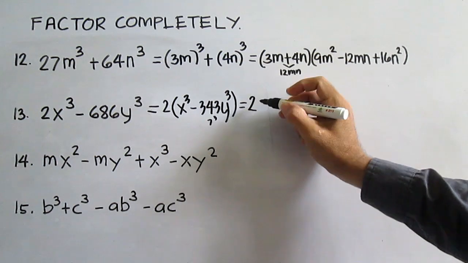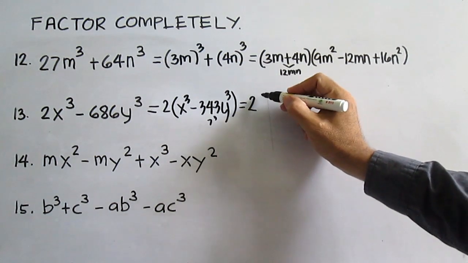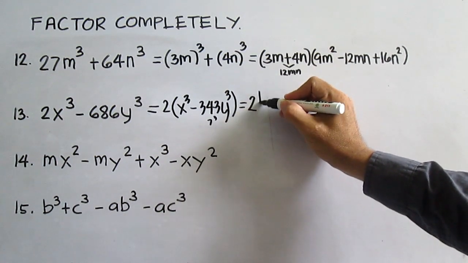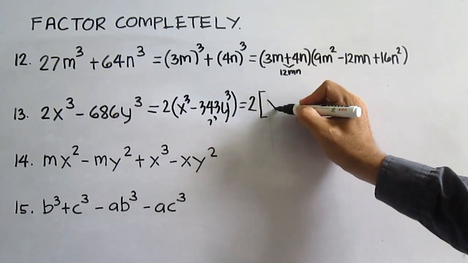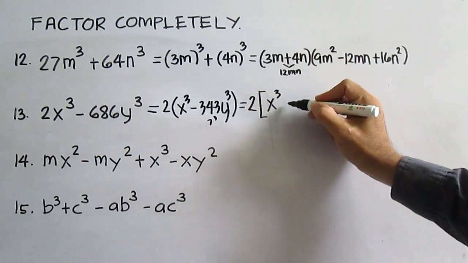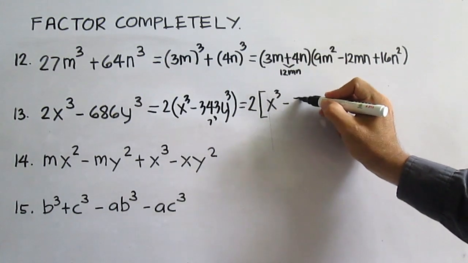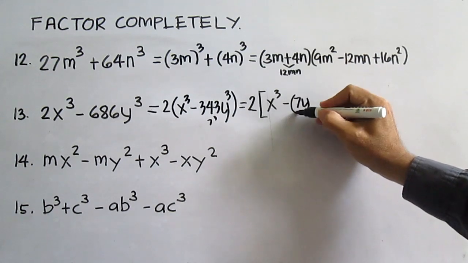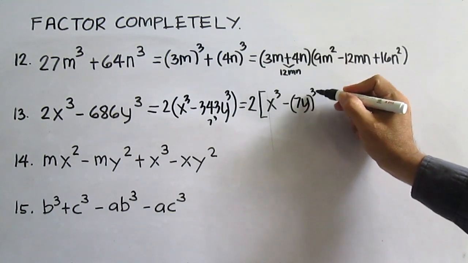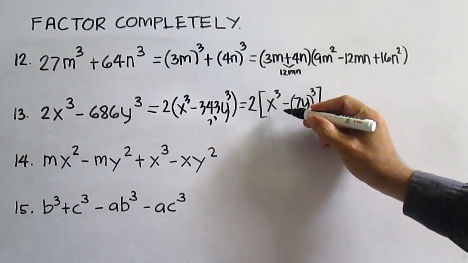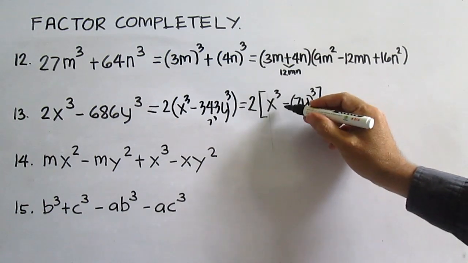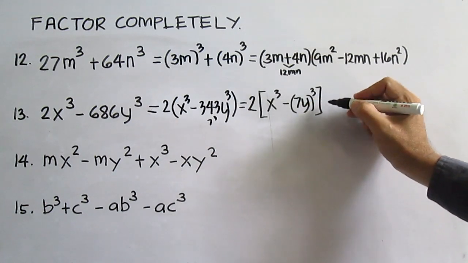So this is equal to 2 times the quantity x cubed minus the quantity 7y cubed. This is a difference of two cubes.